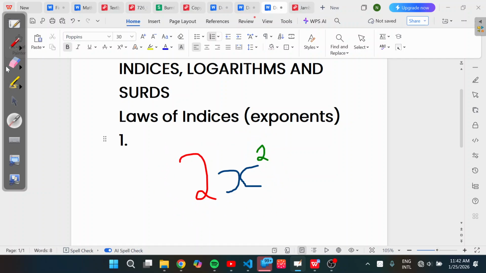Now let's look at each and every one of the components of this term and what they actually mean. This 2 over here is known as the coefficient. It is the number standing in front of the letter, if you read from left to right.